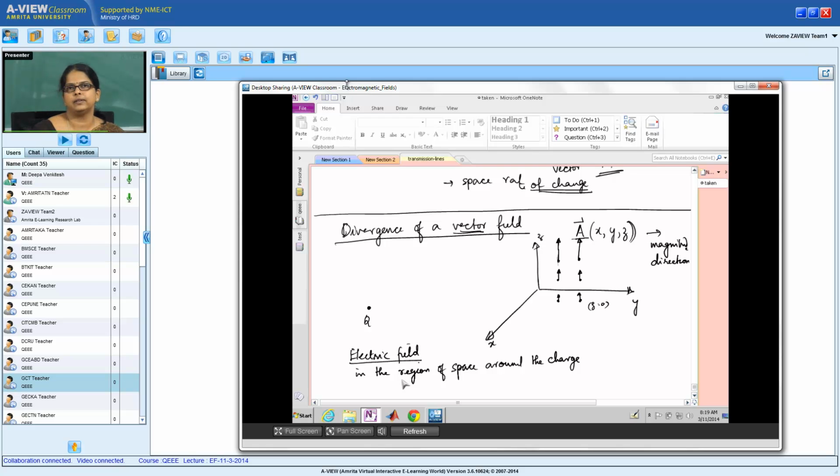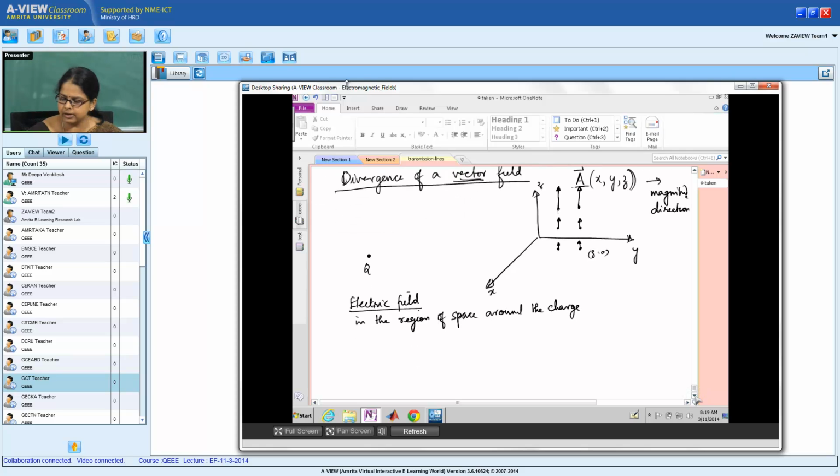So how do we do that? From your high school, you know that electric field is the force experienced by unit positive charge.